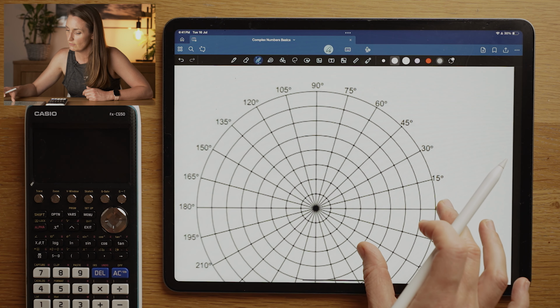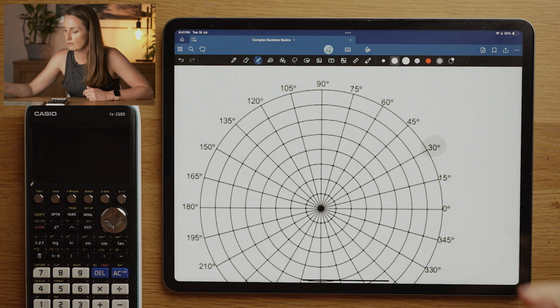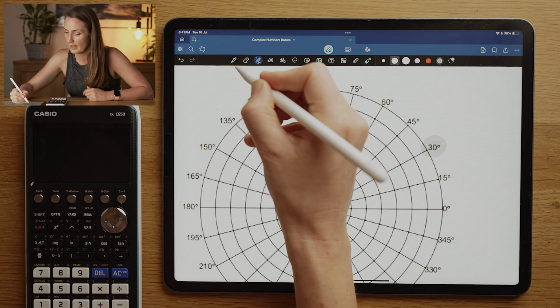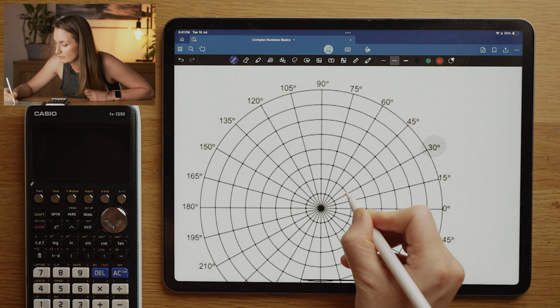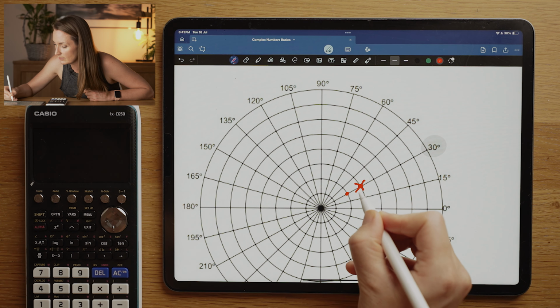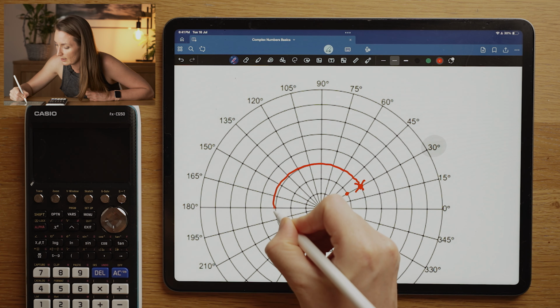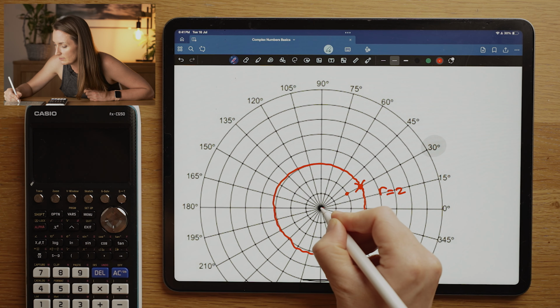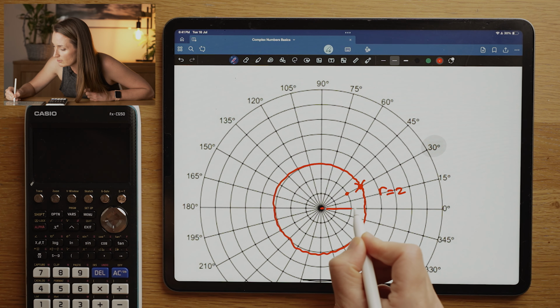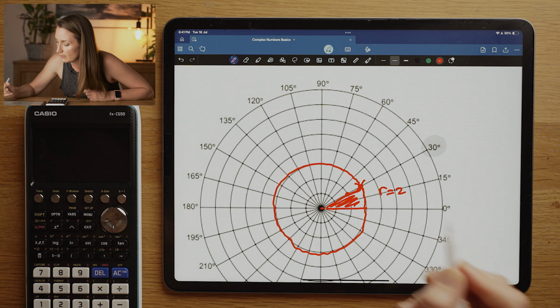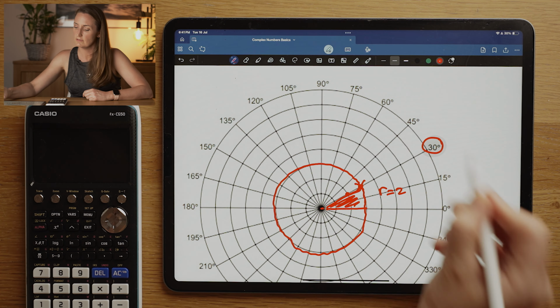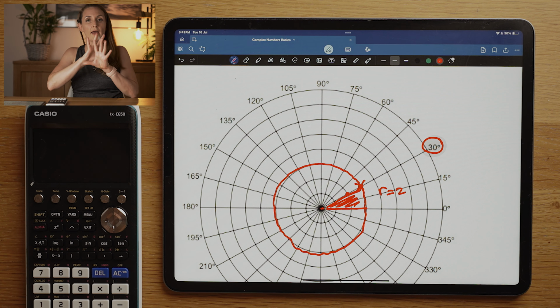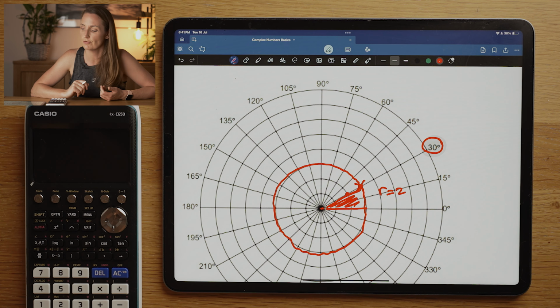Well, pi over 6 is going to be 30 degrees, and it's going to have a radius of 2. So all of this circle here has got a radius of 2, but this is the only one that's got a measure of 30 degrees. So you can open up a whole new way of drawing things on grids, which uses concentric rings instead of squares. So I think that's pretty cool.